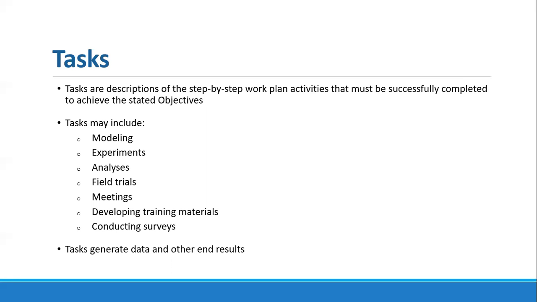Tasks either generate data or other end results; they have to generate tangible things that can be used in a deliverable for DPR to review. So tasks are essentially the real how of how a project is going to achieve its goals.